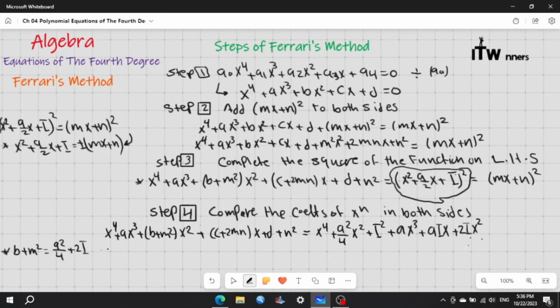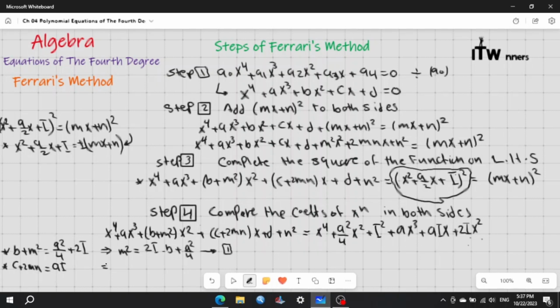So from here, m squared equals 2i minus b plus a squared by 4, and let's name this one 1. Again, compare the coefficient of x: c plus 2mn equal to ai.